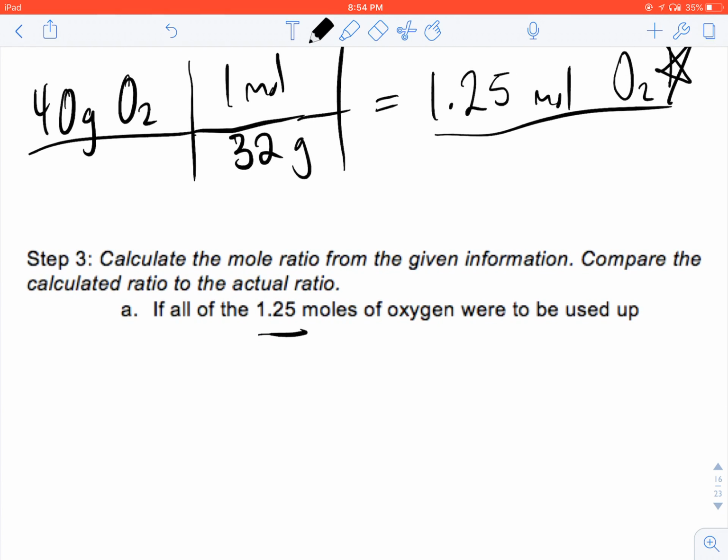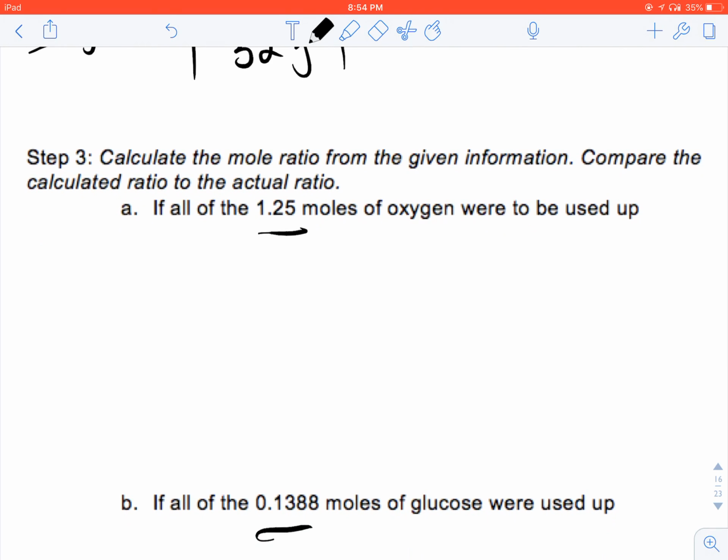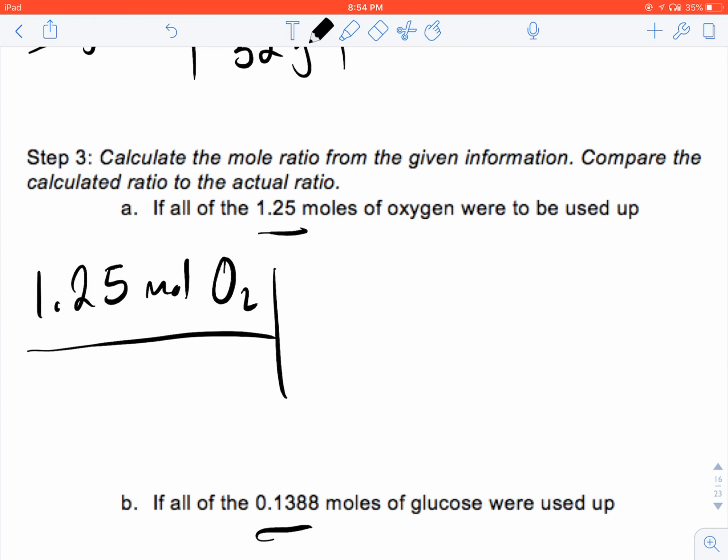If all of the 1.25 moles of oxygen were to be used, all right, so we know we have 1.25 moles of O2. Now with these kind of little sub questions, these go back towards what we learned in the previous lessons. Given one piece of information, find another piece of information. So it's only one conversion from moles of O2, and in this case, the other reactant is moles of glucose.